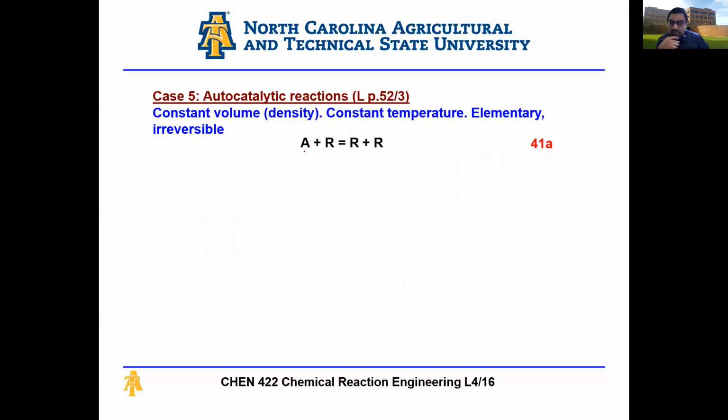This is a similar type of autocatalytic reaction, etc. And as you can see here, A reacts with R to basically make more R, and then this R catalyzes this reaction further to make even more of the product R, right? So this is a reaction type out there. It's common. You'll see it in polymerization, maybe pharmaceuticals, other types of applications.